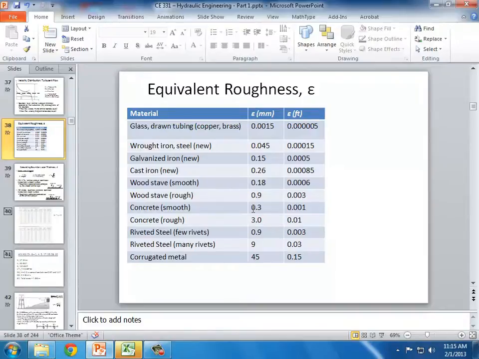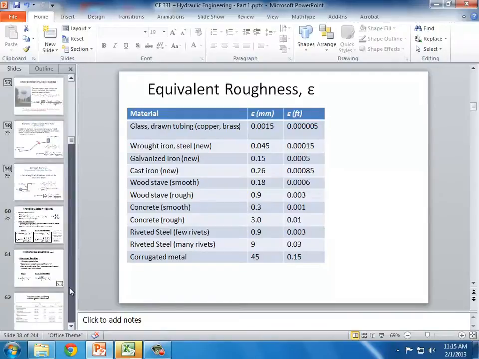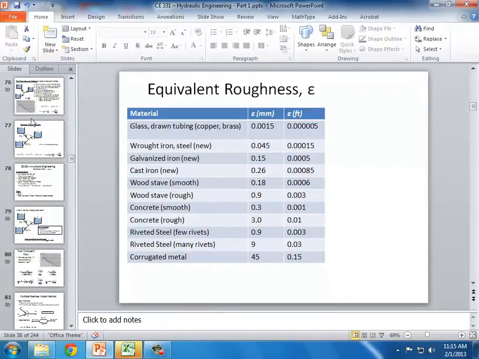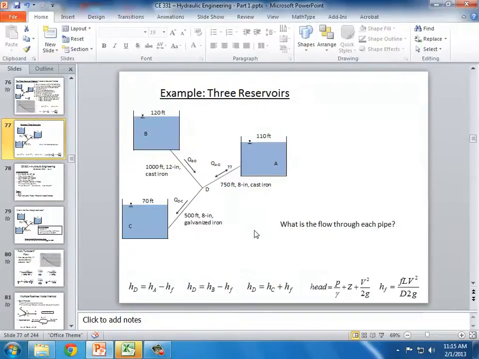And the K sub S over D for the 12-inch pipe is just going to be 0.00085. Galvanized iron has a K sub S of 0.0005, and our diameter for the galvanized iron pipe, let's go back to that, that's an 8-inch pipe.